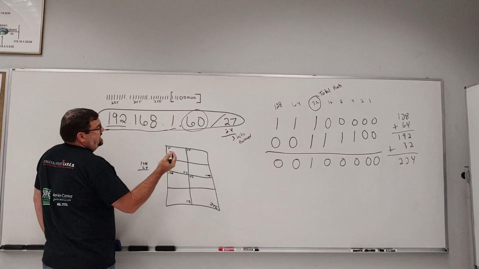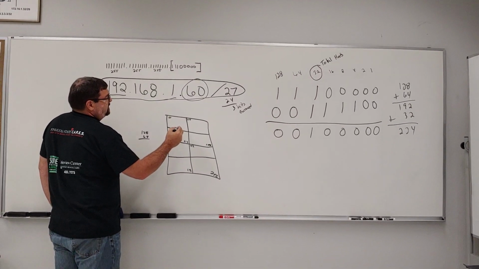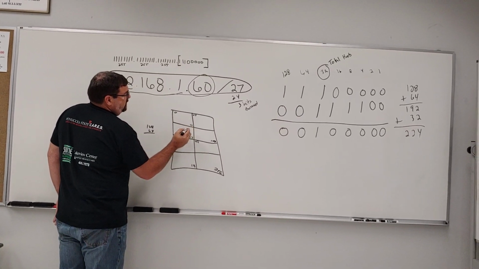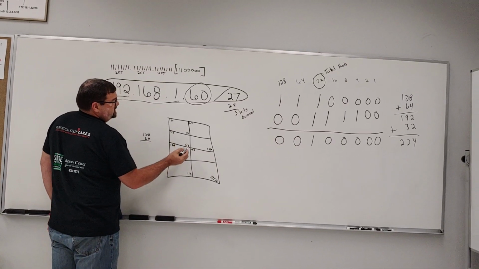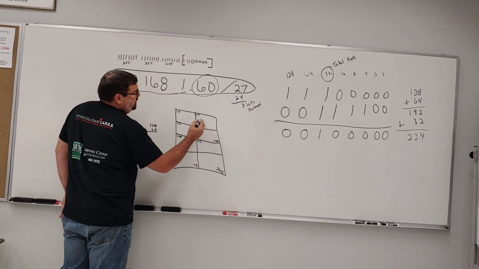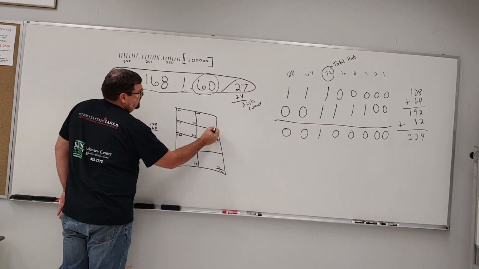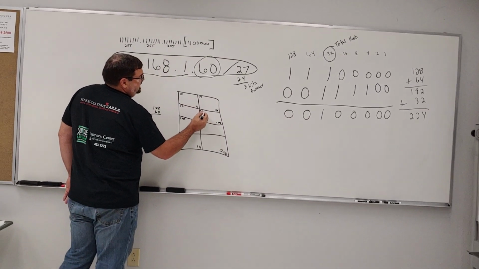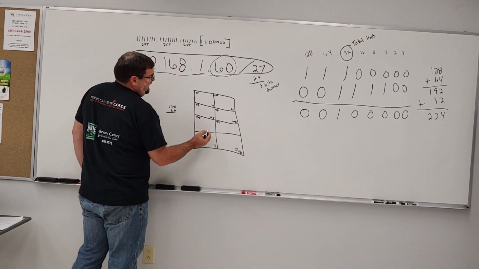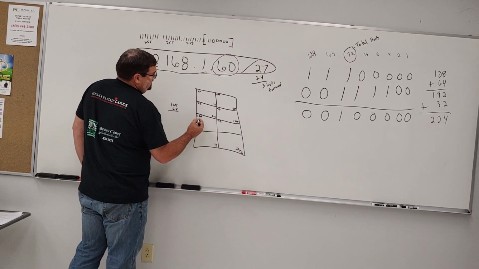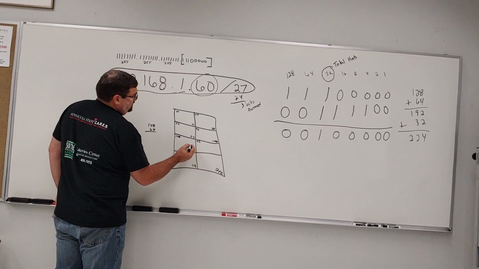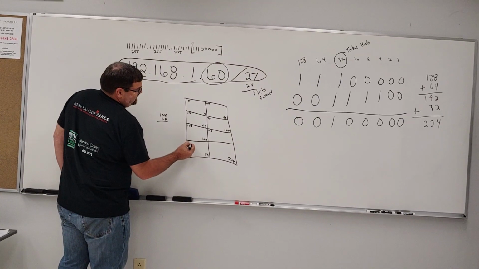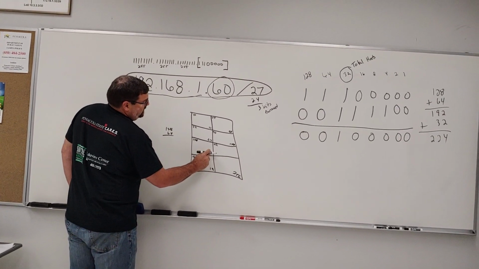So if I divided it again and that gives me 32 addresses, then I have 0 to 31, 32 to 63, 64 to 95, 96 to 127, 128 to add 32, so 160 will be here, that'll be 159.